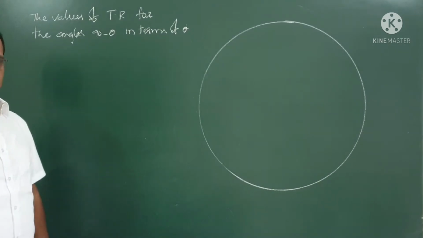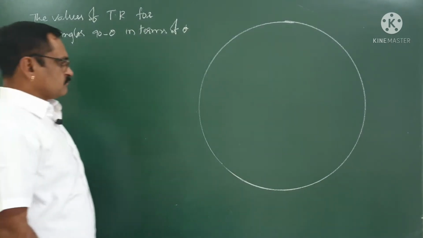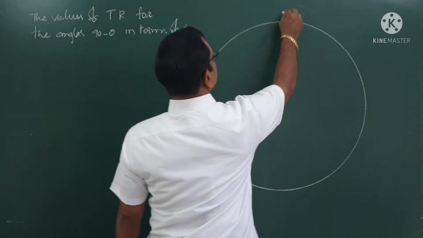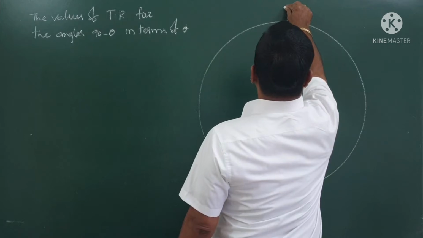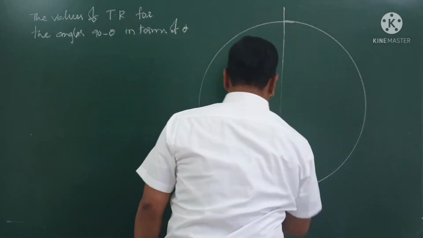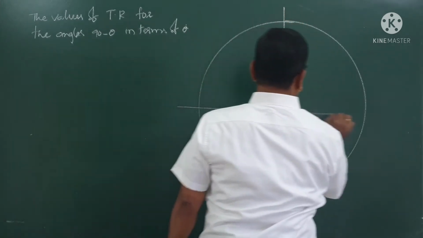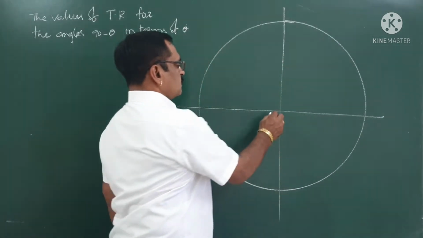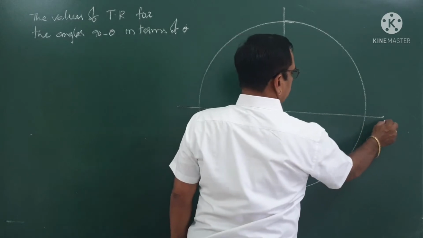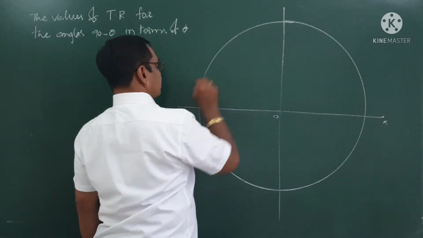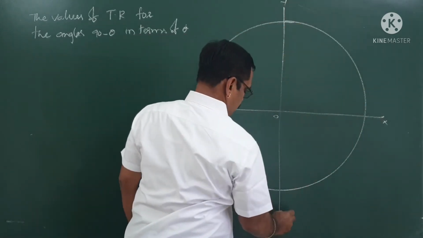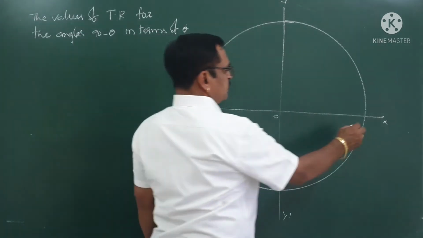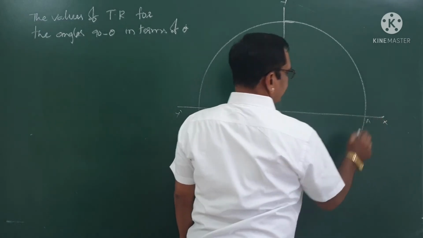Now, what actually is the concept? For this, I take one unit circle in a rectangular system, and you know very well what a rectangular system is. O, x-axis, x prime, y, y prime. Let OA be the initial line.